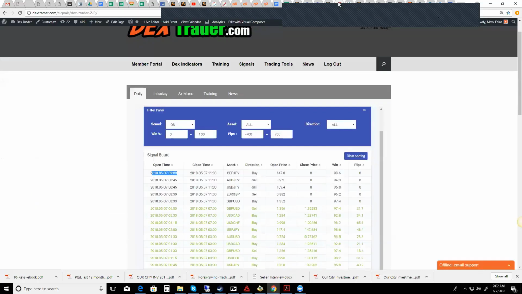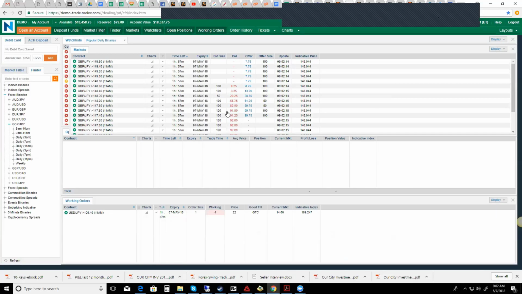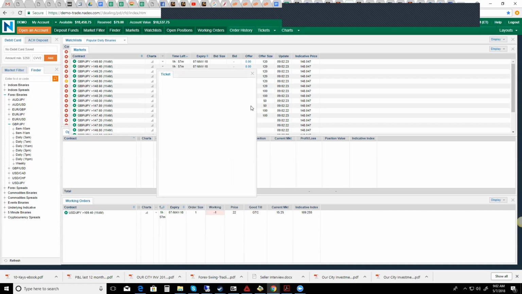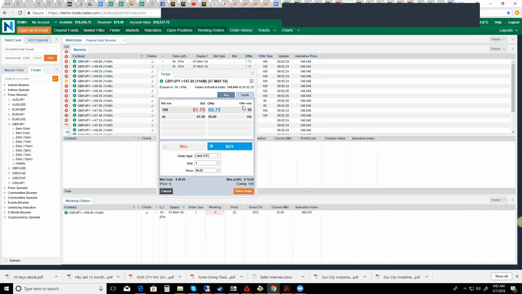What's the number again? 147.80. 147.80 on the buy side. I've probably been gabbing too much in there to miss that. So what I'm going to do is on the buy side, put it in for 78.